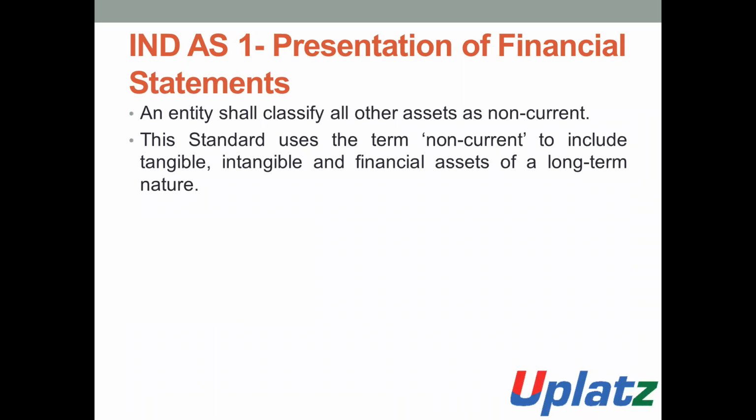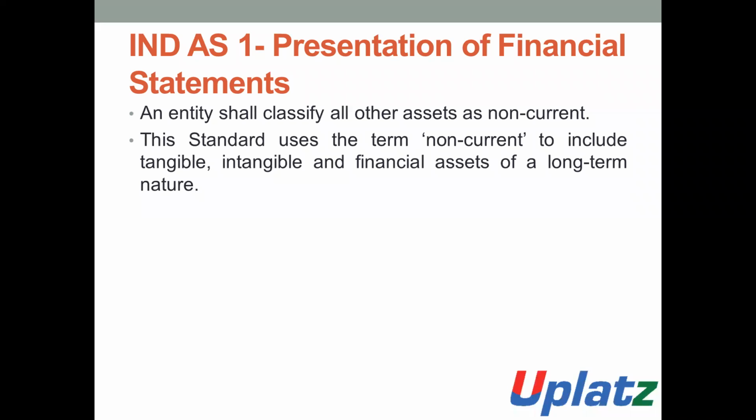An entity shall classify all assets as current or non-current assets. Assets which satisfy the previous conditions are to be considered current assets, and all other assets are to be known as non-current assets.